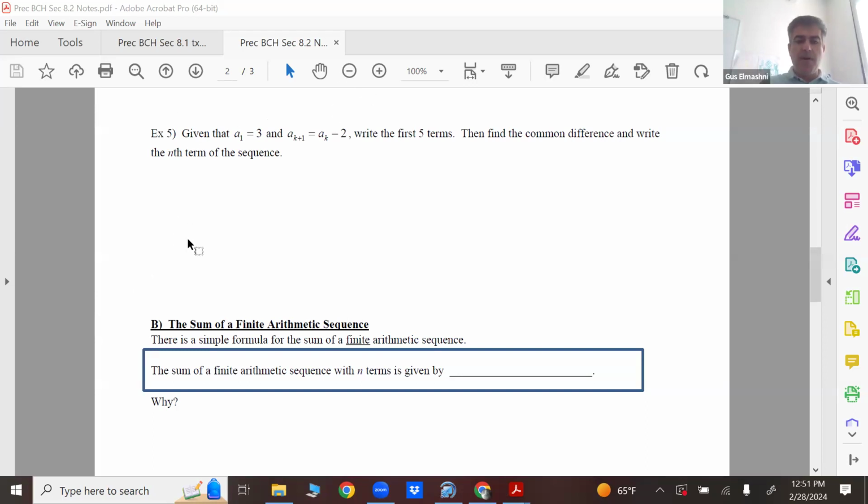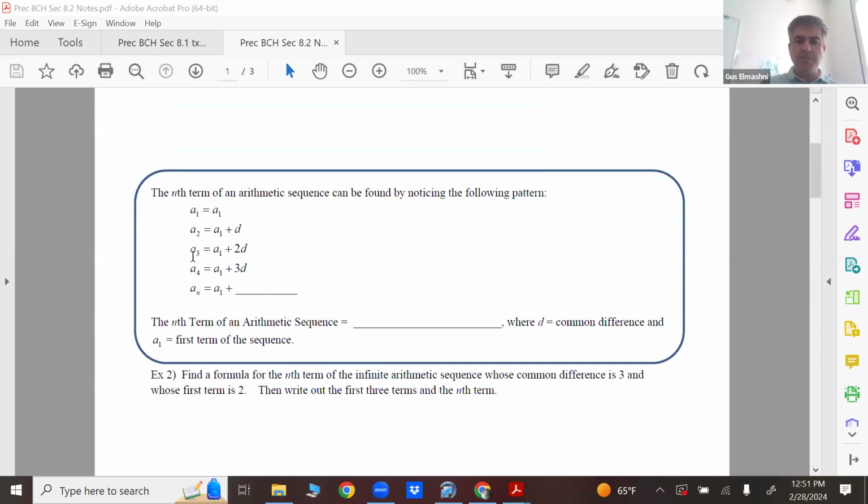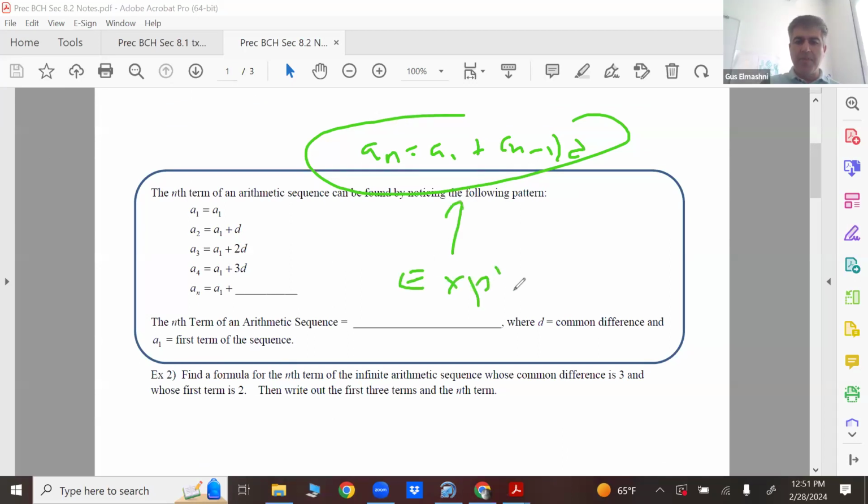So what we've done so far, this right here, I should have said this earlier. That's called an explicit formula. When you think of explicit, you think of being very direct, like in hip-hop music there are explicit lyrics.